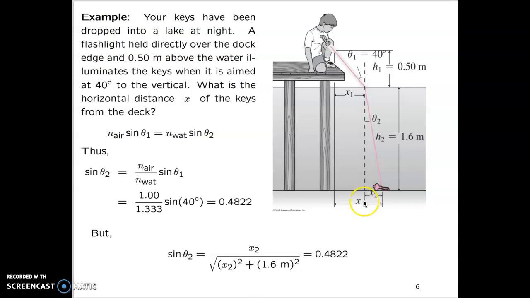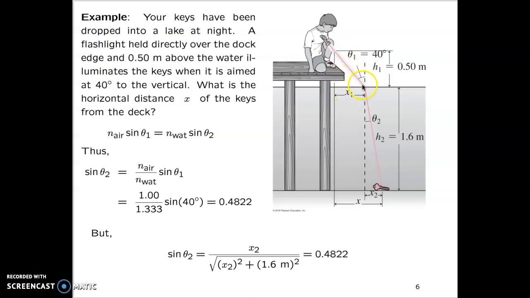And we know that the ray of light coming from the flashlight is at an angle of incidence of 40 degrees. Note that that's the angle between the light and the normal, not between the light and the surface of the water.